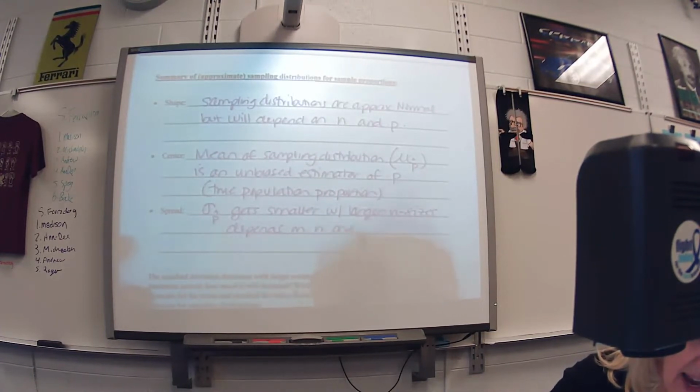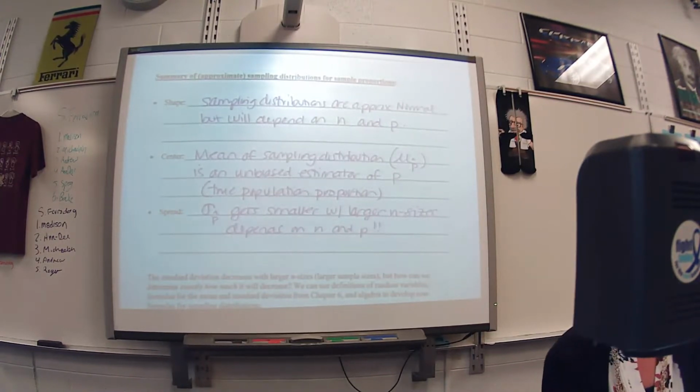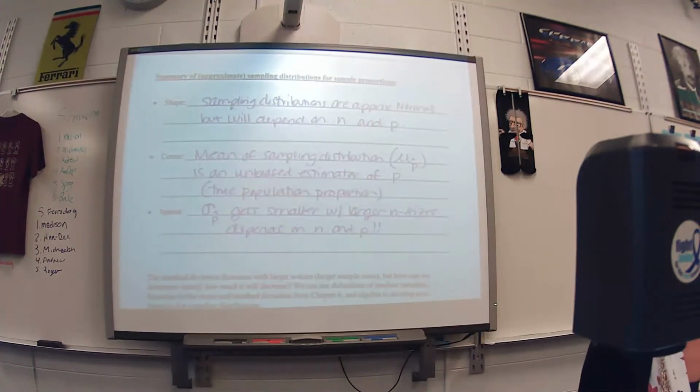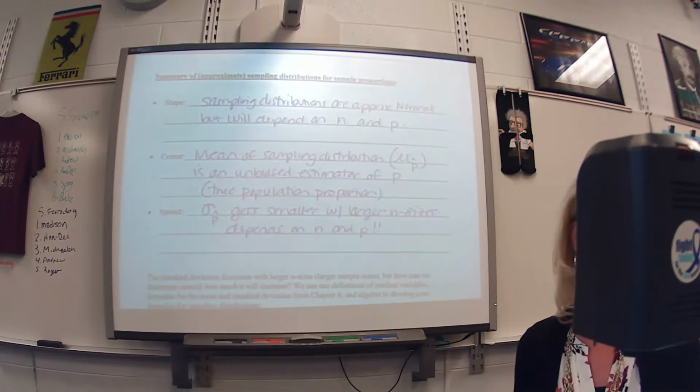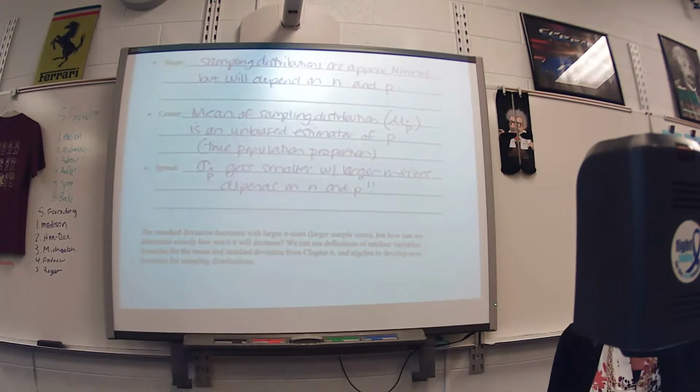And I'm going to say again, it depends on n and p. n and p work in conjunction with each other. The standard deviation decreases with larger n sizes.